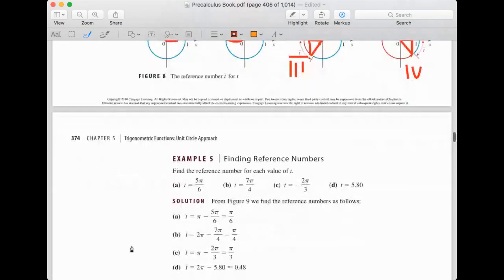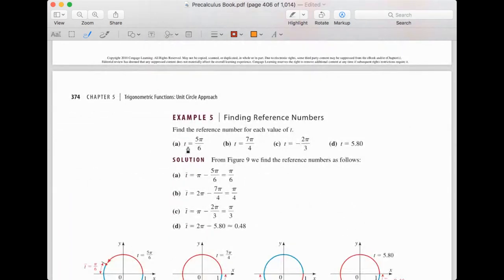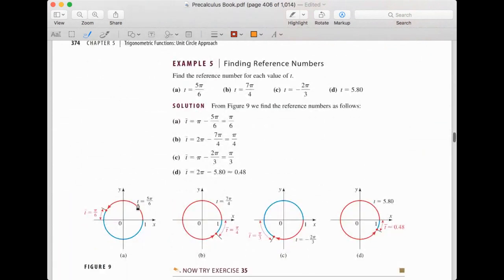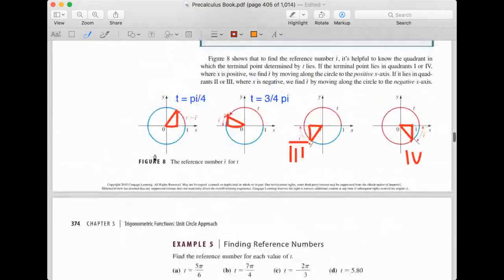All right, so let's see this one. t equals 5 pi over 6, right? If we draw the angle, we see t equals 5 pi over 6 ends up here. But we want to find its reference number. So how do we do that? What's the reference number for that angle?